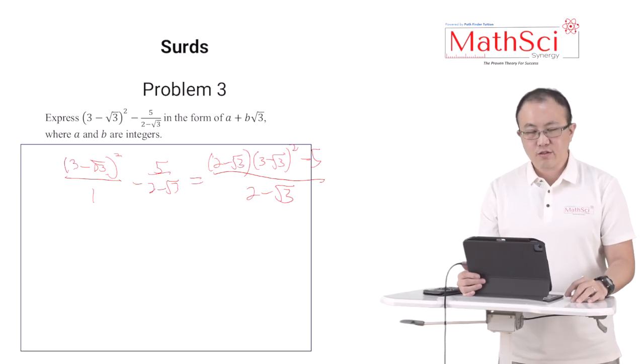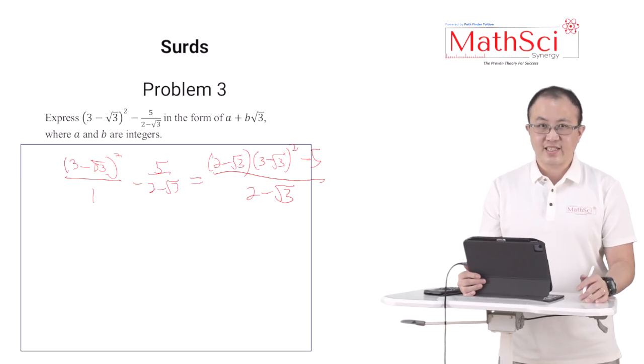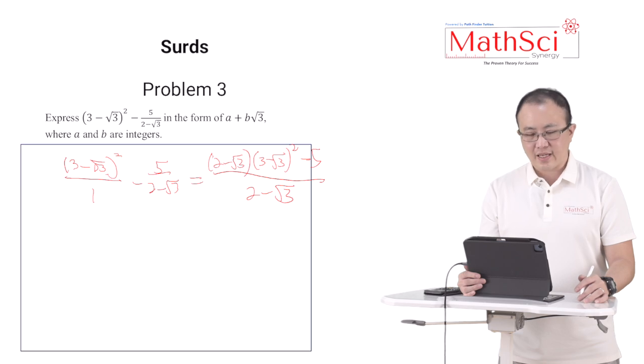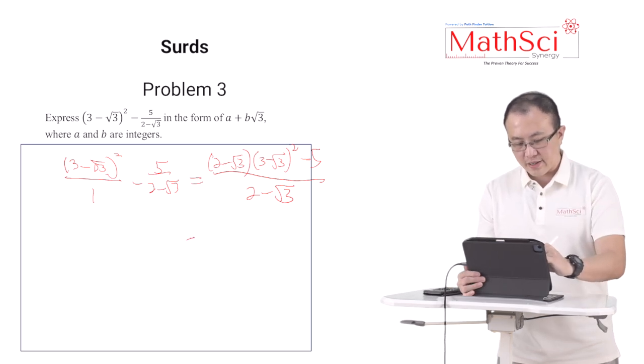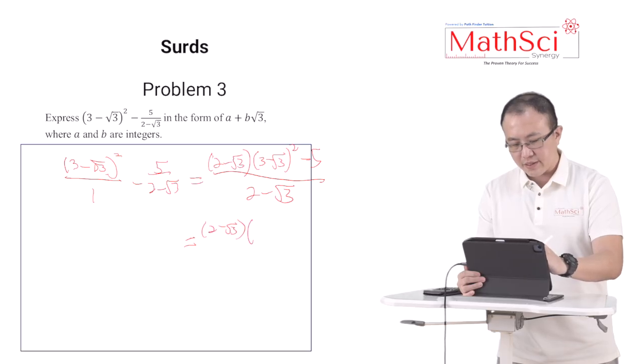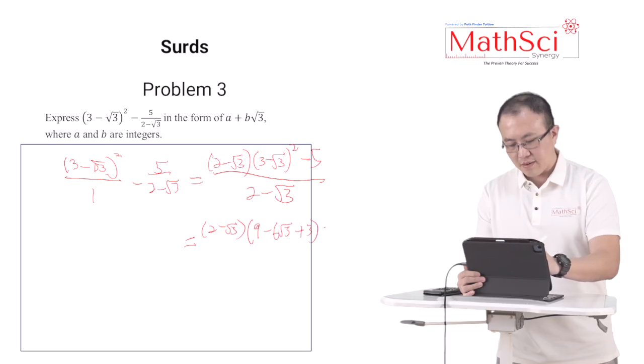And now, coming to the part of expand only when needed. I think I need to expand now. Otherwise, I don't see that I'm getting the answer yet. So now I'm going to expand it. Let's expand the square first. So expanding the square bracket, I will get 2 minus square root 3. Okay, this part will be 9 minus 6 root 3 plus 3. Okay, then minus 5.